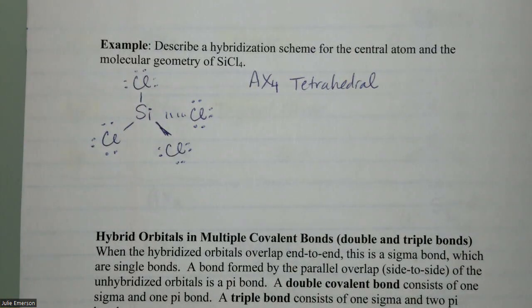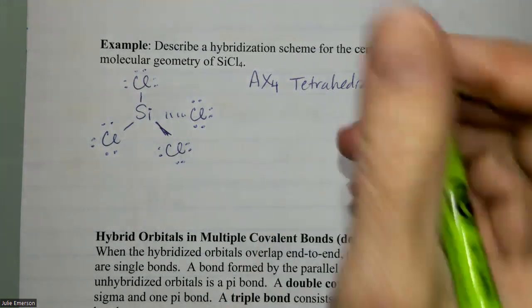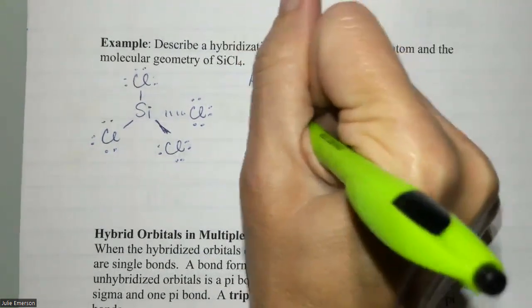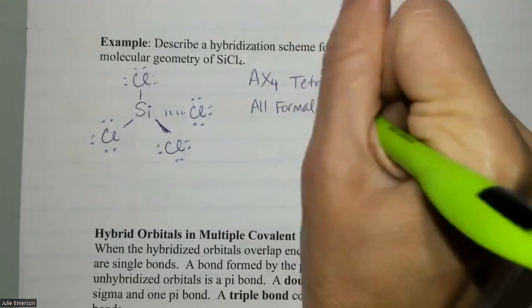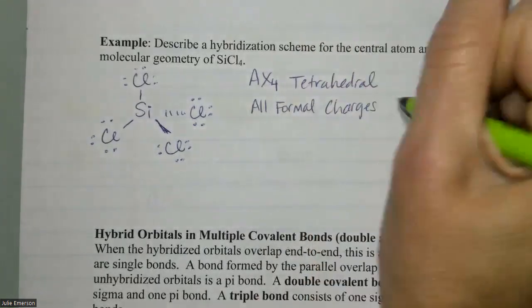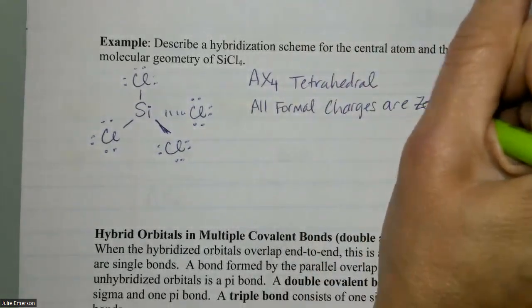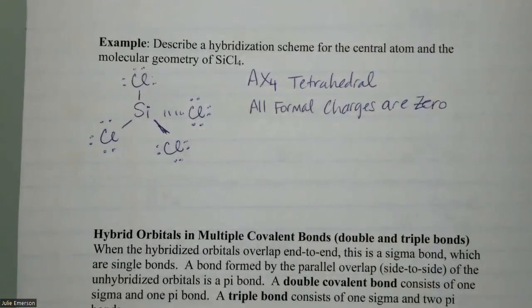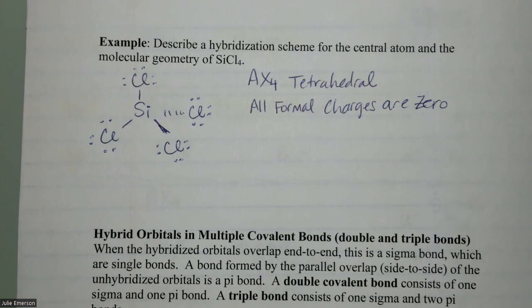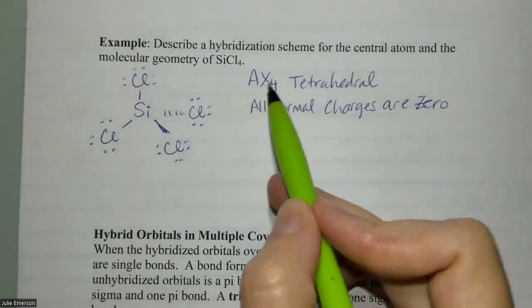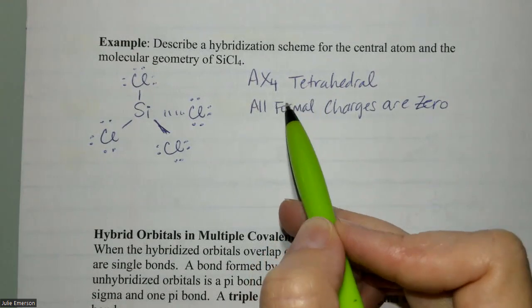If I look at all my formal charges, all formal charges here are 0, which is what we want. If we don't have a polyatomic ion, 0 is best. Okay, all formal charges are 0. We didn't expand the octet here. Didn't need to, right? Silicon could, but didn't need it. Is it polar? Okay, so we said that if there's no lone pair, this symmetry is there.